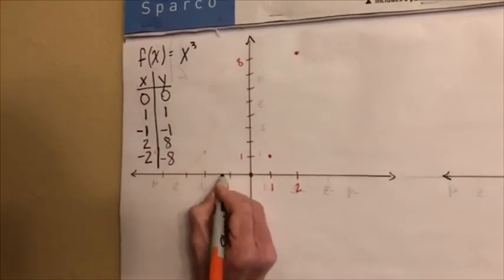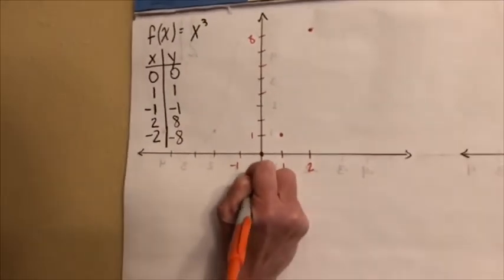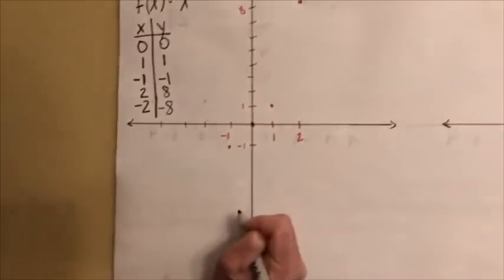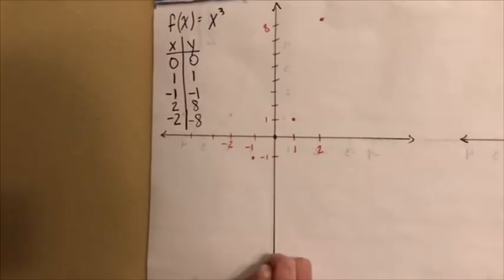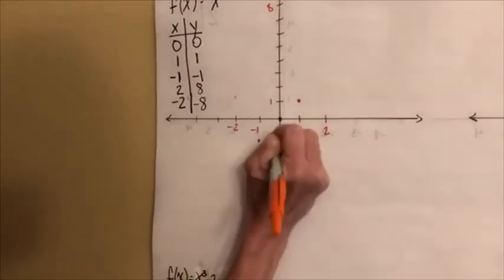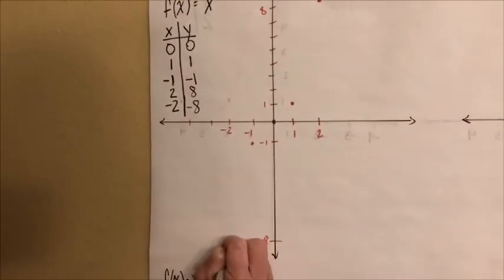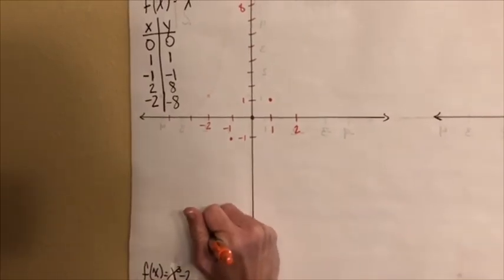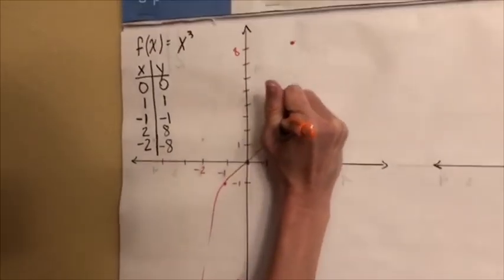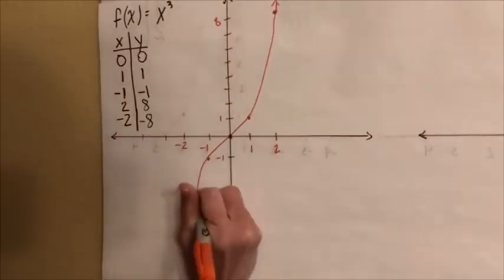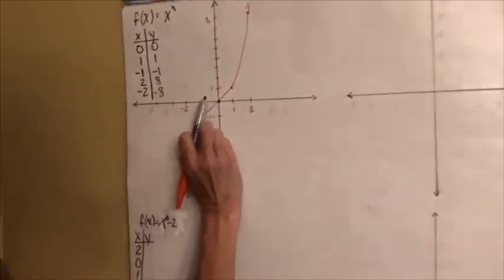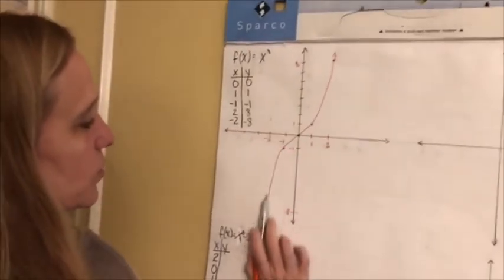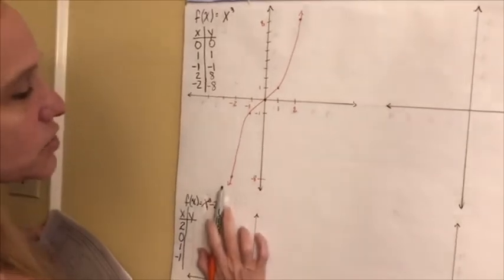When x is negative 1, y is also negative 1, so about there. And when x is negative 2, y is going to be negative 8, somewhere down here. So let's put that dot in there. And you can see what it looks like. So the disco move is this. These are your arms, one going up, one going down. And if you've looked at that poster in my room, you have seen that before.